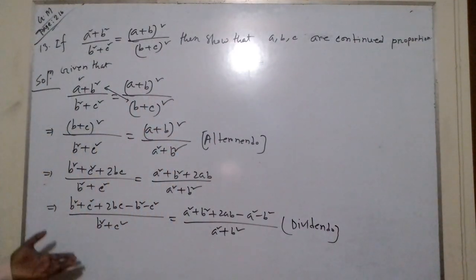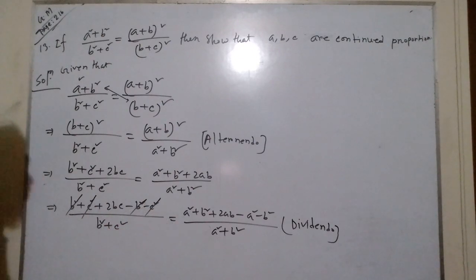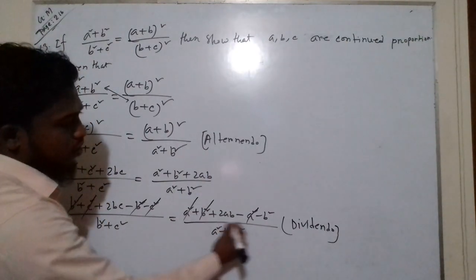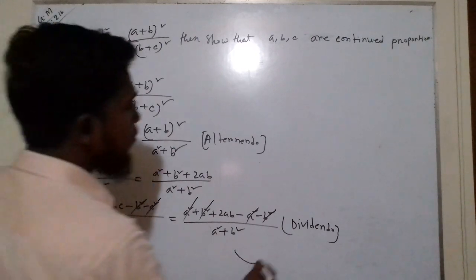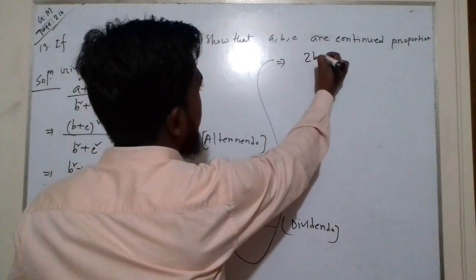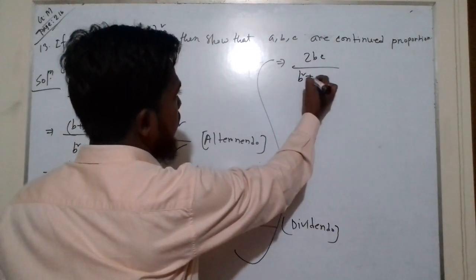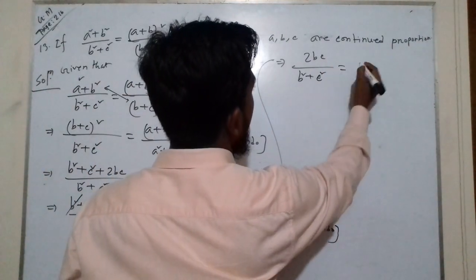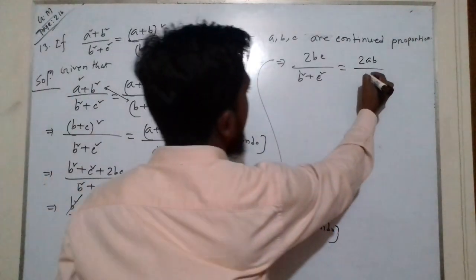Okay. So b square and minus b square, c square and minus c square are cancelled, and a square minus a square, b square minus b square are cancelled. So we can write 2bc divided by b square plus c square equal to 2ab divided by b square plus a square plus b square.